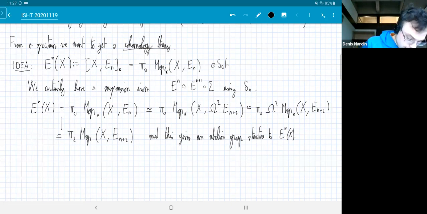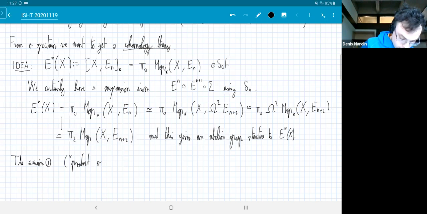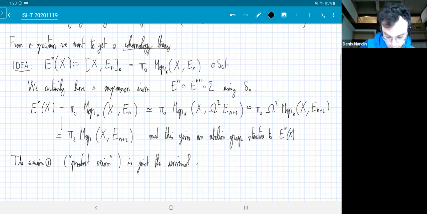And the exactness, okay, axiom 1, the product axiom, is just the universal property of the coproduct.